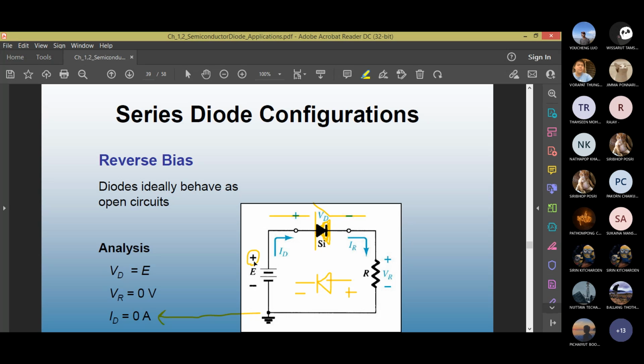Now you see, if you need to turn on the diode, the anode should receive a plus voltage, but the minus is connected to the anode. The cathode should receive a minus polarity, but plus polarity is connected to the cathode. That's why you know that it is not turned on. It has to be off. That's how you know it. When it's off, the switch is open.